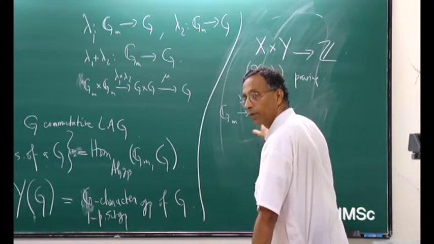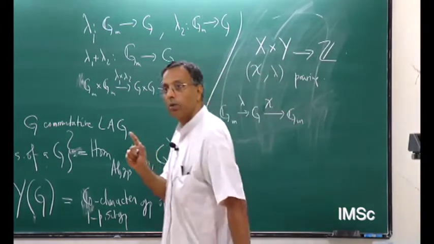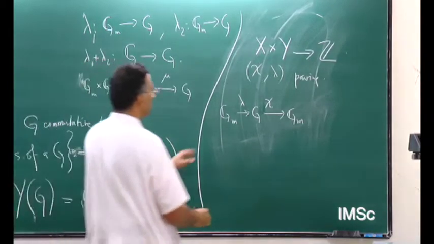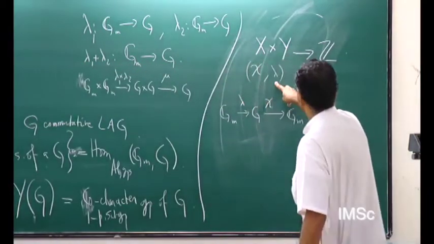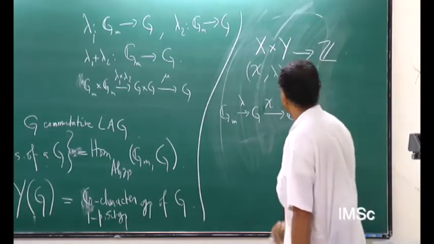But what are homomorphisms from Gm to Gm? Homomorphisms from Gm to Gm are nothing but Z. So t going to t to the power n, and that is the element of Z. So that is this mapping. I will just write it out.